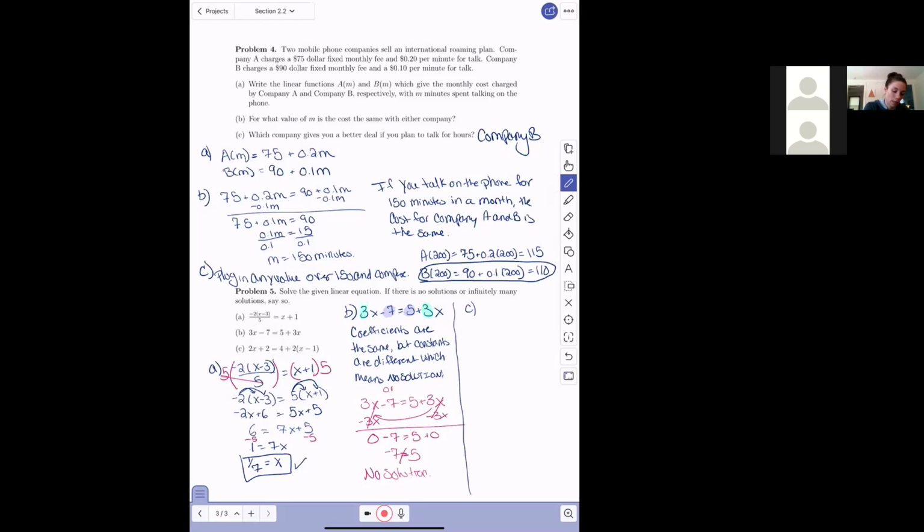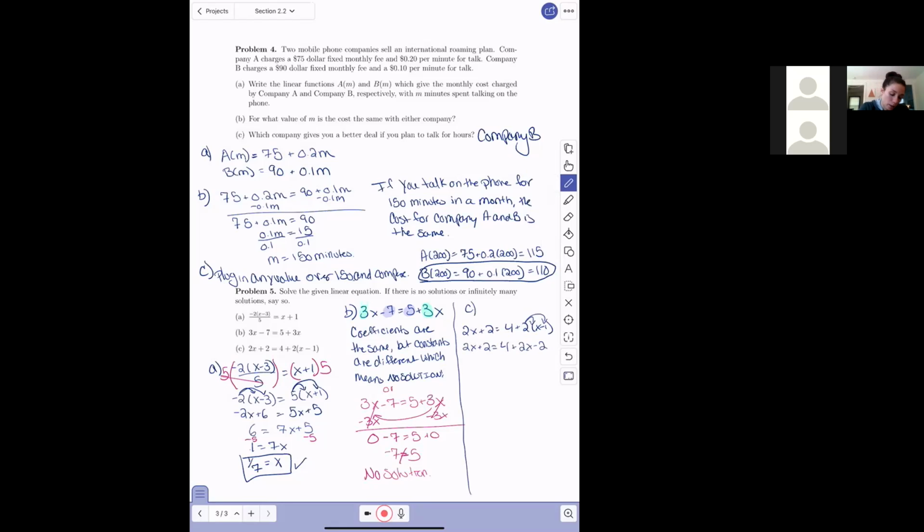Lastly, part C, we have 2x plus 2 equals 4 plus 2 times (x minus 1). On this right-hand side, let's distribute out this 2. So we have 2x plus 2 equals 4 plus 2x minus 2.